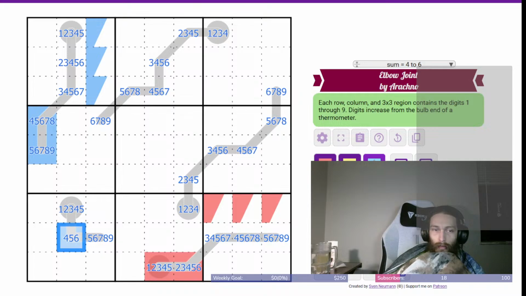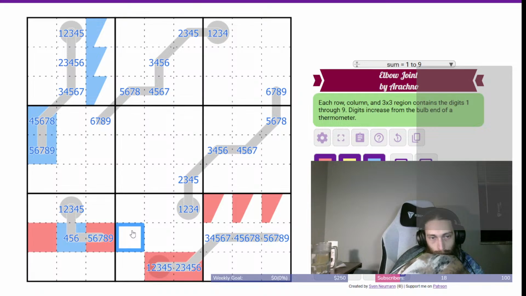What about the other way around? If this was blue, and that's red, and that's red, well, that can be 5 or 6 just fine.